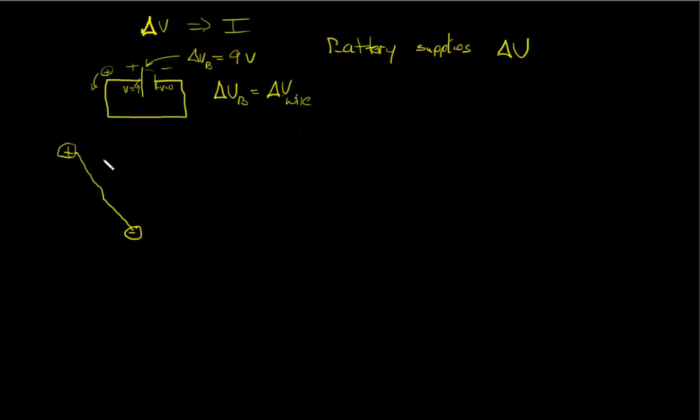These are positive charges, remember. So positive charges flow downhill, and that's what's happening in the circuit. The potential difference that the battery supplies determines the direction of the current.